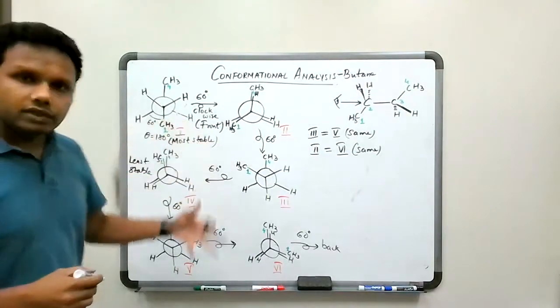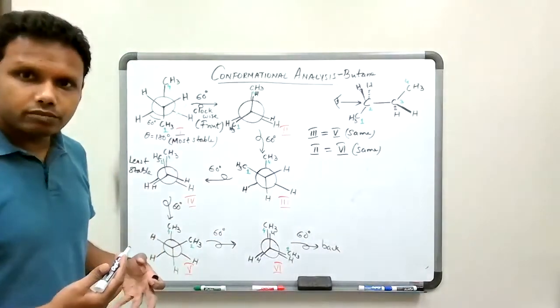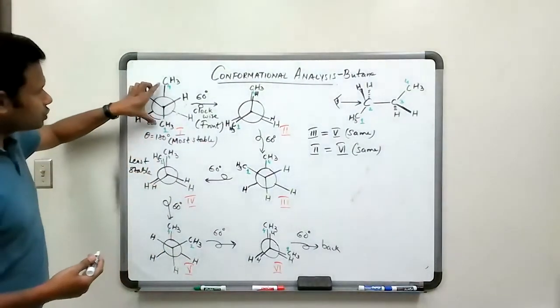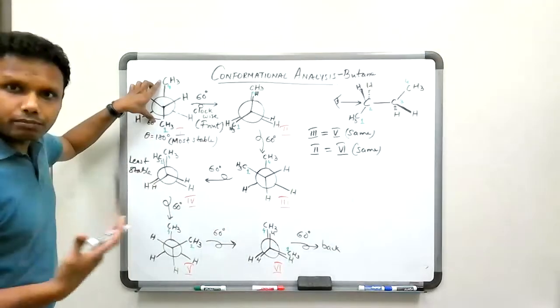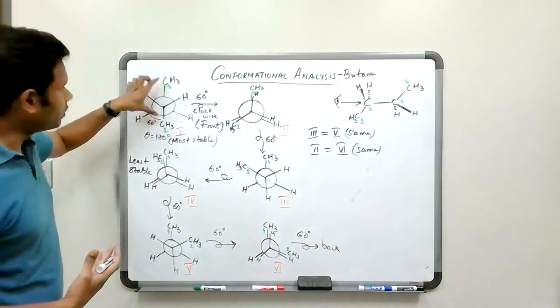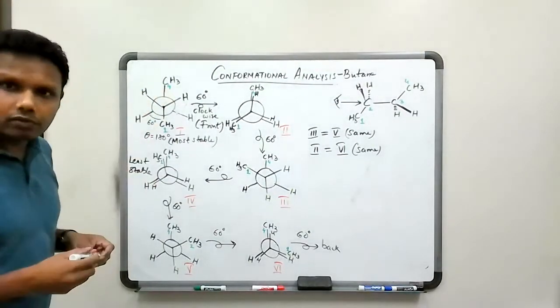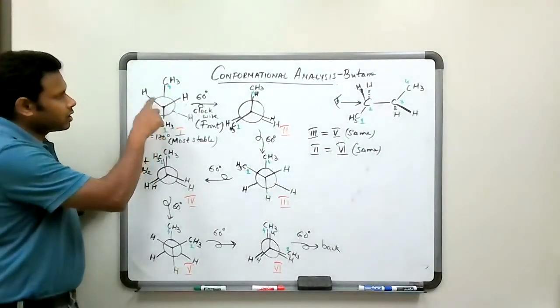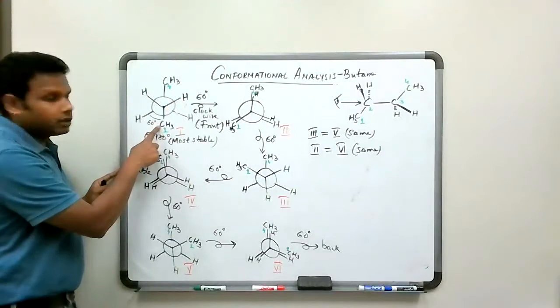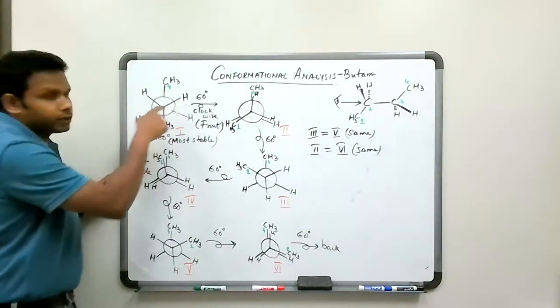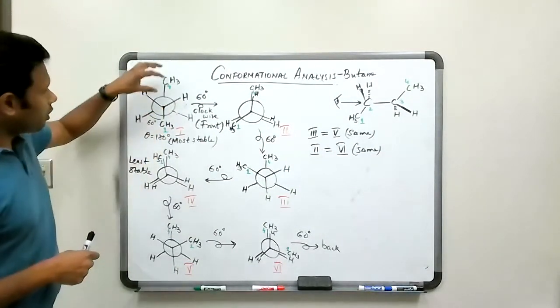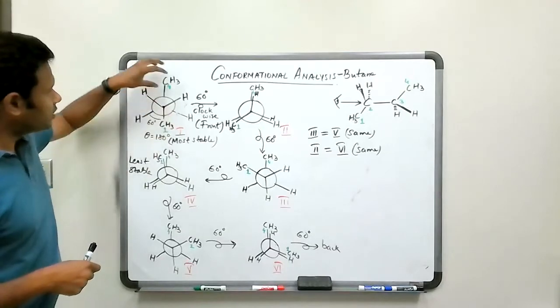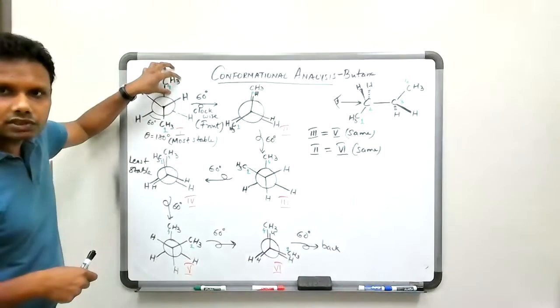Okay, and some of these conformations have special names. When you have the two big groups, the biggest groups on each carbon, we're talking about the biggest groups on each carbon. So if you look at the front carbon, it has two hydrogens and a methyl group. The back carbon has a methyl group and two hydrogens. So the big group on the front carbon is the CH3, the big group on the back carbon is the CH3.